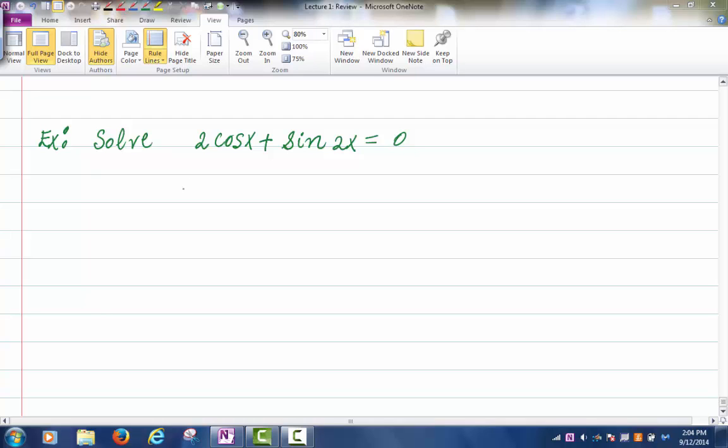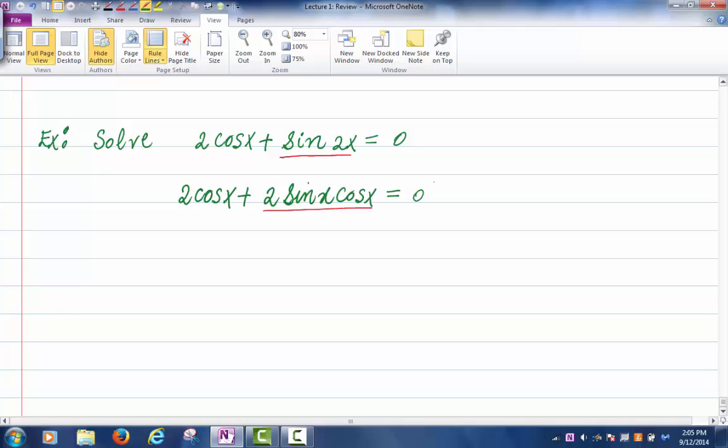So let's see what happens if I have 2 cosine x plus 2 times sine x cosine x.